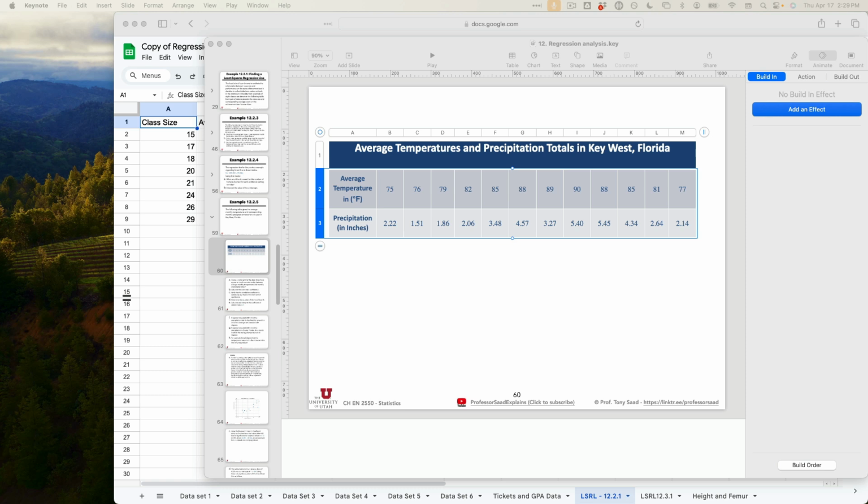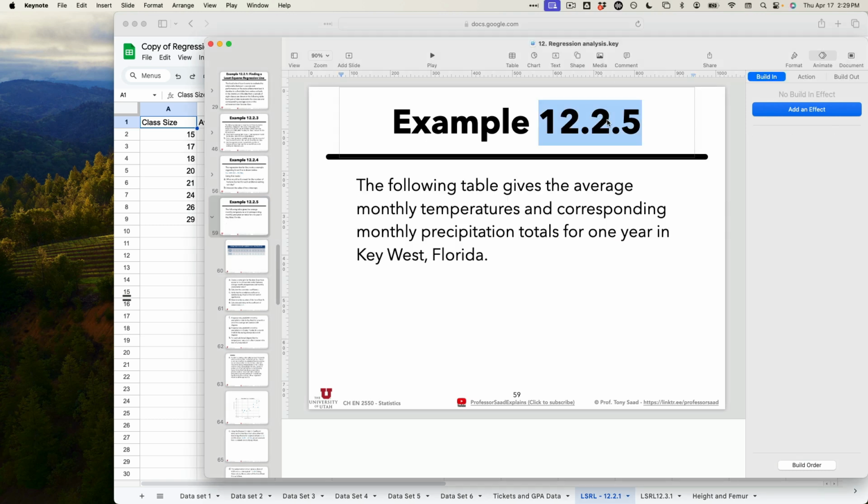Create another sheet. All right, so this should be problem example 12.2.5. Now go back to the Google Sheet that I shared with you and just copy the data from that sheet.